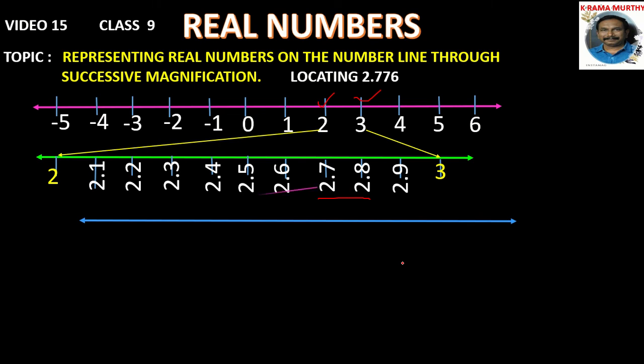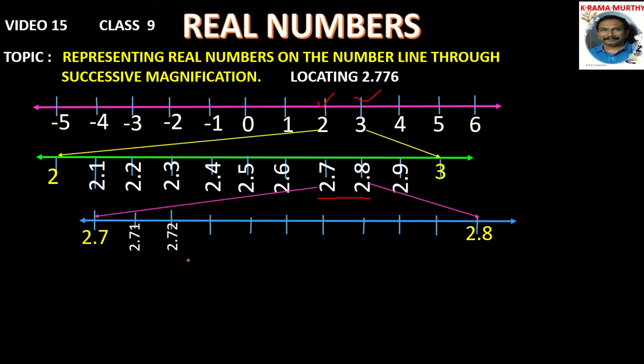Hence we find 2.7 at one end and 2.8 at the other end, and that is divided into 10 equal parts to get 2.77. So mark 2.7 on one side and 2.8 on the other side, and the remaining parts are like this: 2.71, 2.72, 2.73, 2.74, 2.75, 2.76, 2.77, 2.78, 2.79.